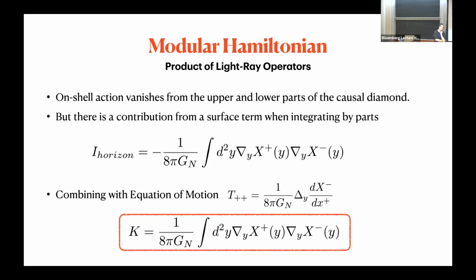The reason that is suggestive is because the modular Hamiltonian is written down in terms of a product of the stress tensor times a conformal Killing vector integrated over the relevant volume. It takes the same form. And so what we did was to identify this horizon contribution to the action, the effective shockwave action, with the modular Hamiltonian K. And now we want to evaluate what the expectation value of this operator and its fluctuations are, assuming the 't Hooft uncertainty relations.